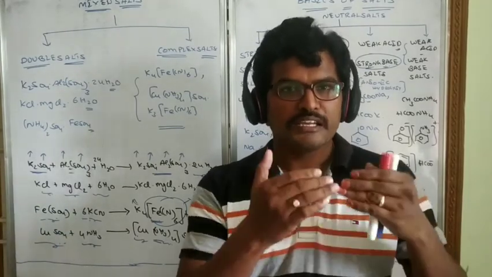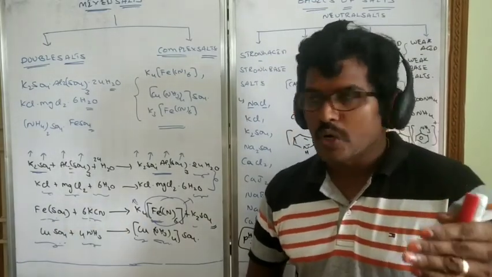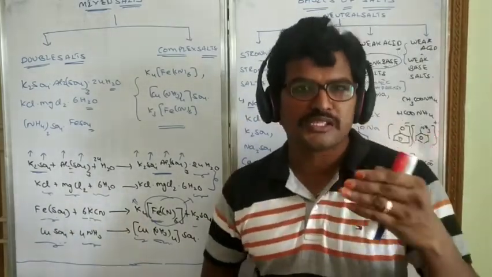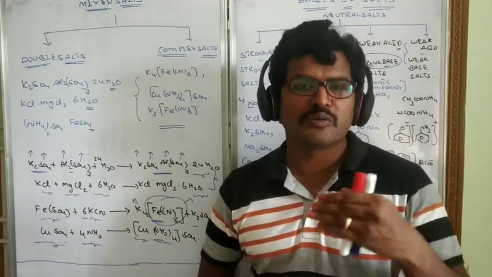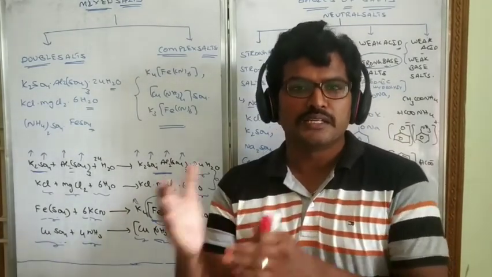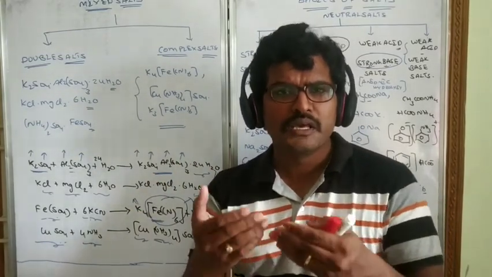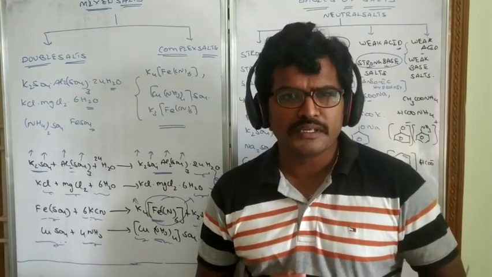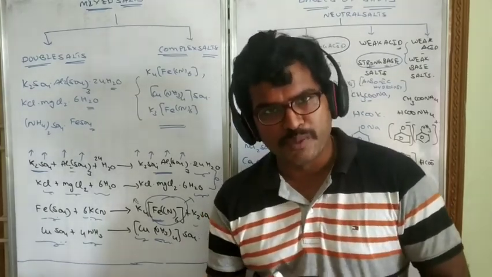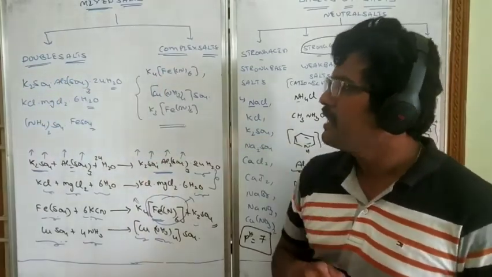Normal salts are again classified into four types: strong acid strong base salts, strong acid weak base salts, weak acid strong base salts and weak acid weak base salts. Acidic salts are formed by incomplete neutralization of acids, basic salts by incomplete neutralization of bases. And what are the mixed salts, what is a double salt, and what is a complex salt.